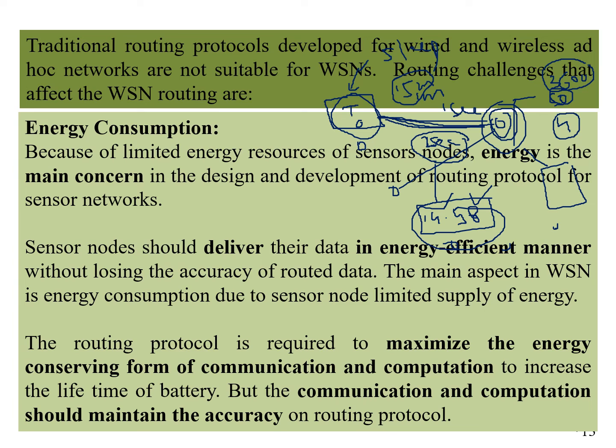If there are more energy capable nodes, then we might follow that path because those nodes have higher energy and they can send data more accurately to a maximum distance. And if a node has less energy, it won't send data to the maximum distance, because at a certain distance the signal strength will fall, and your data will not be accurate.